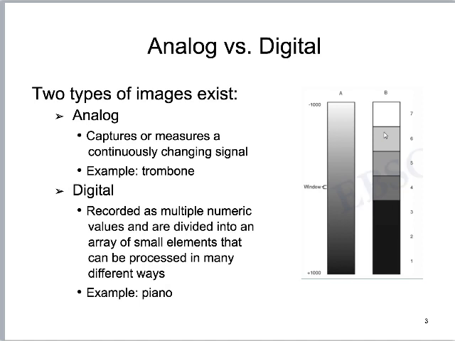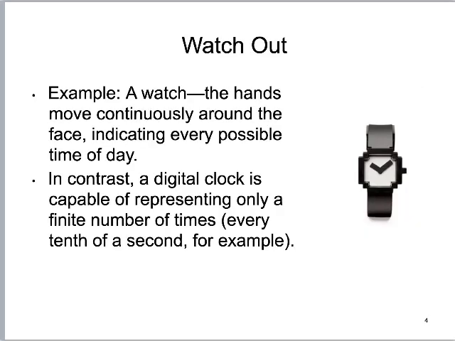Before we wade into these waters, I want to make sure we're clear on this analog versus digital, and this is a slide from our last discussion. I talked about how analog is something like this continuous scale, like column A, versus digital, which is like this discrete scale, looks like a ladder, in column B. An example from our textbook that might be helpful is thinking about different types of watches or clocks.